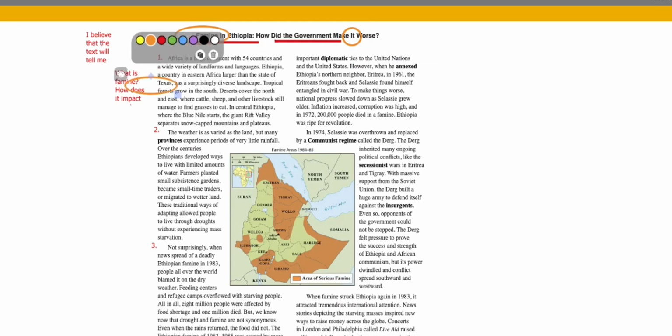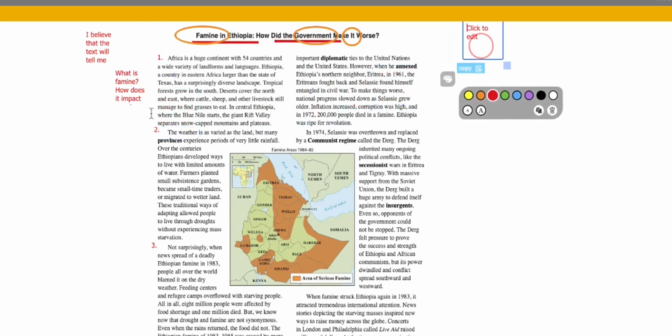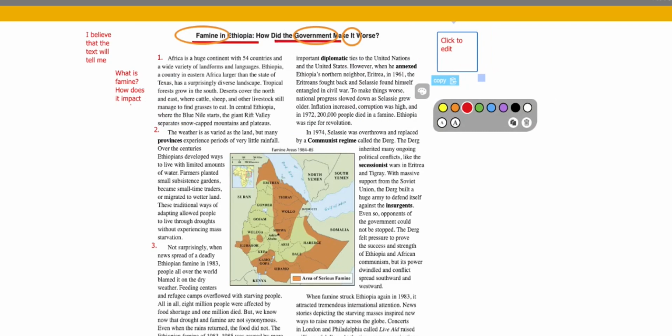And I'm also wondering, when they say government, do they mean the government of Ethiopia? And I think these are pretty important questions to consider before I read my text. So I'm going to take a sticky note and write: Does this mean the famine? Did the government make the famine worse for the people?